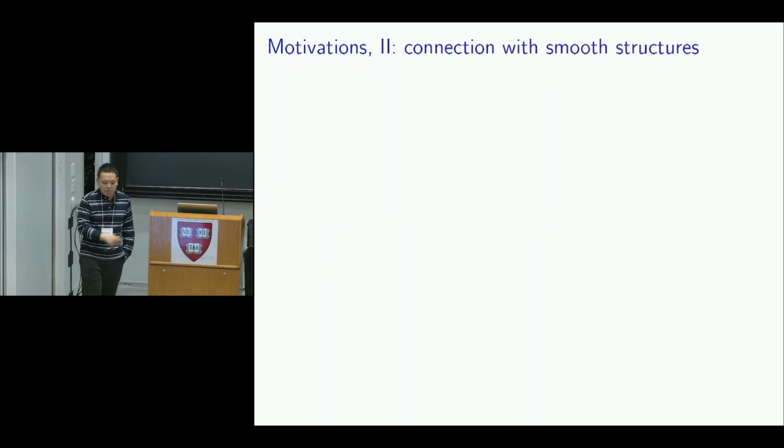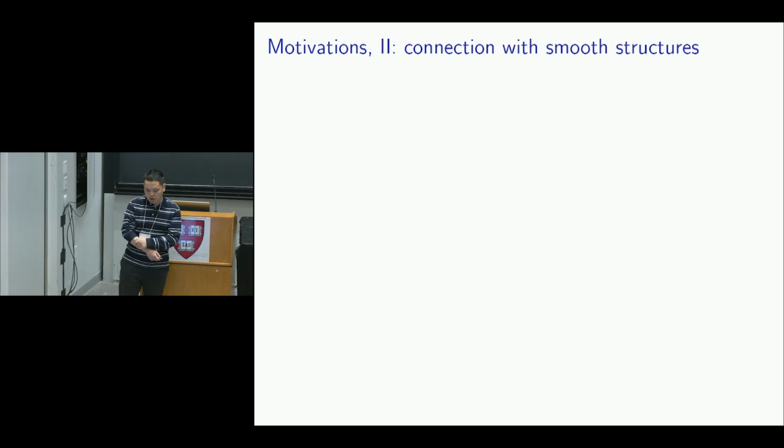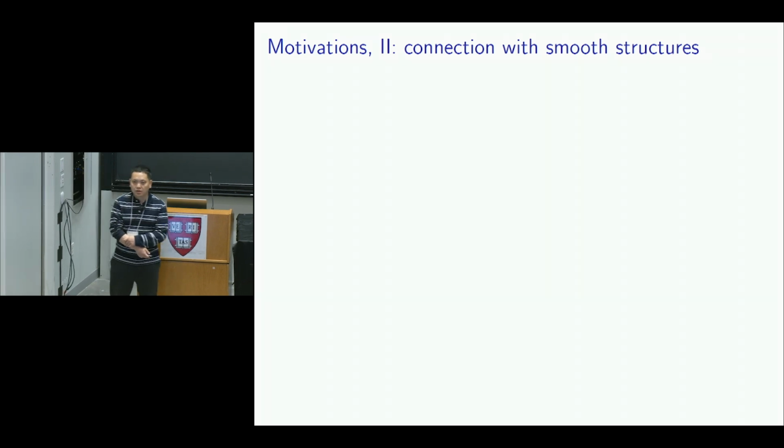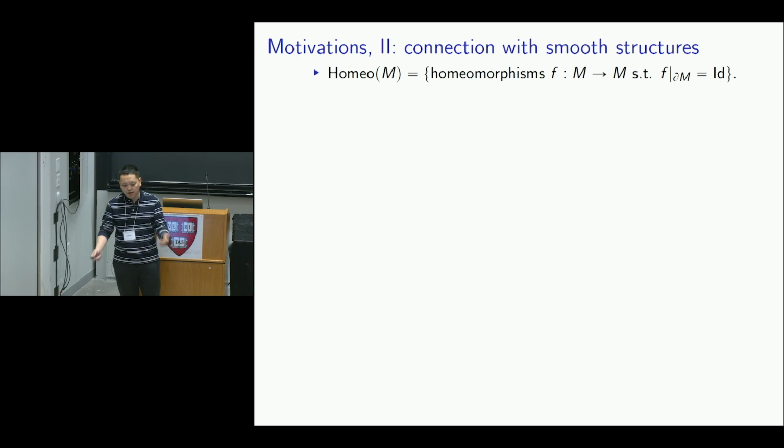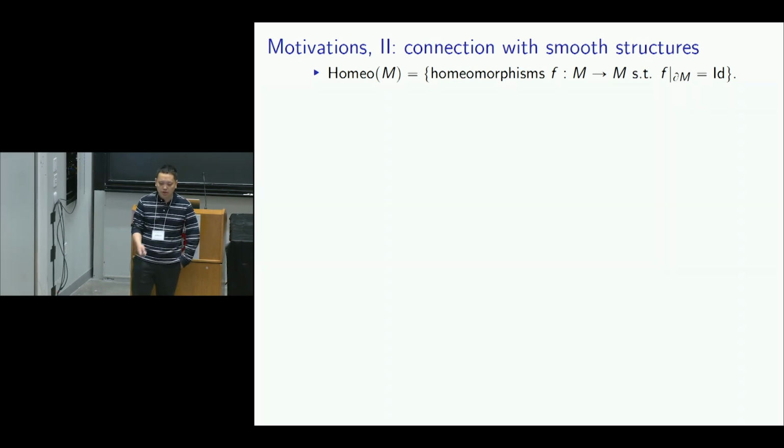Okay. And maybe some more motivation. This diffeomorphism group is also closely related to smooth structures on manifolds. First, let's set out some more notation. We denote Homeo M to be the group of homeomorphisms, also orientation preserving, from M to itself, equal to the identity on the boundary.